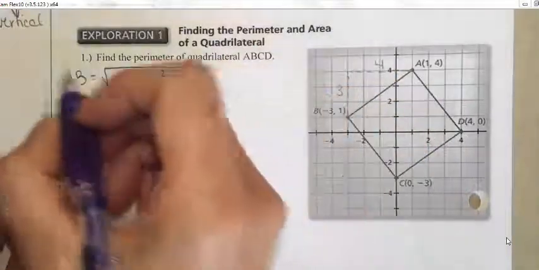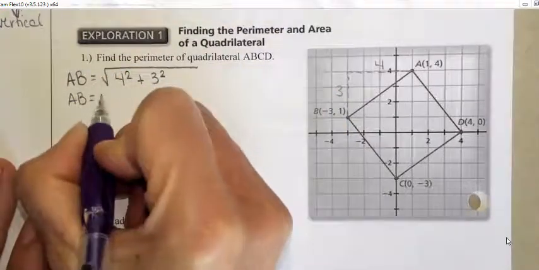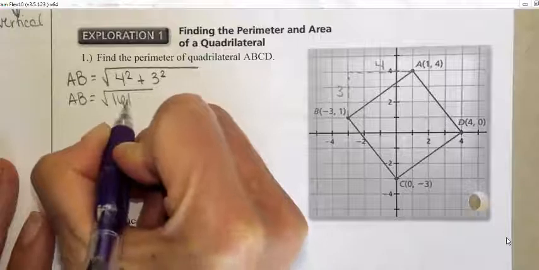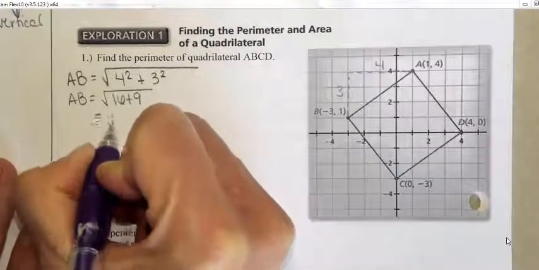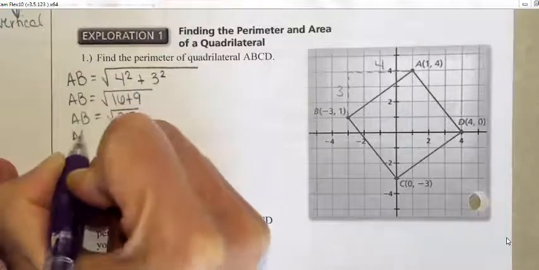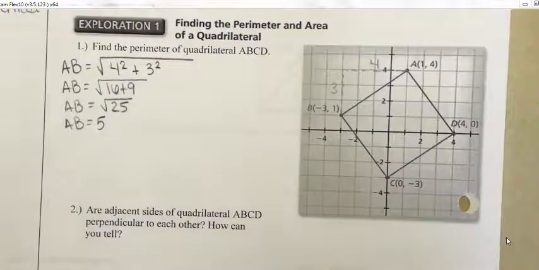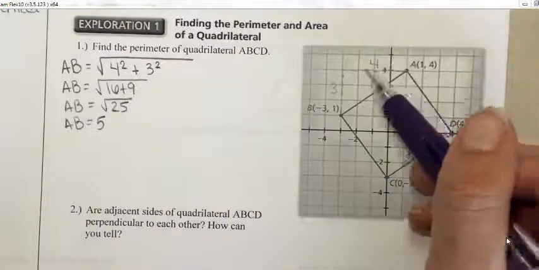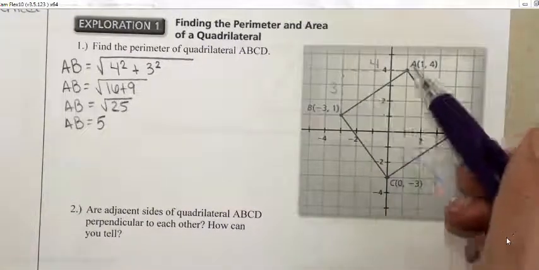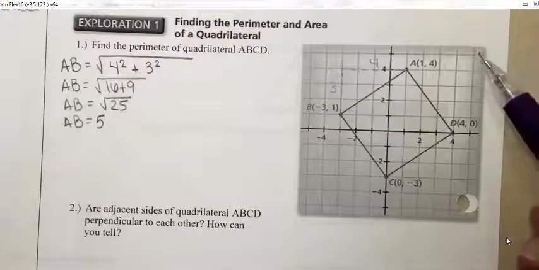Okay, so AB, I noticed, is going to be the square root of 16 plus 9, or in other words, the square root of 25. So we know that AB is 5. Now, I would not graph this triangle out normally. I would just find the length of that if it was not already graphed out.